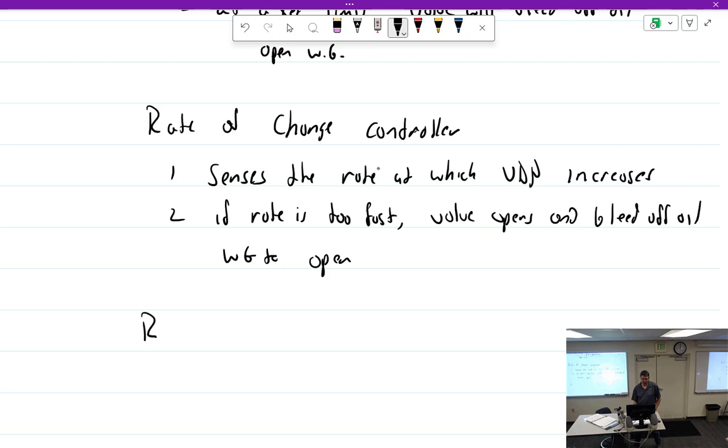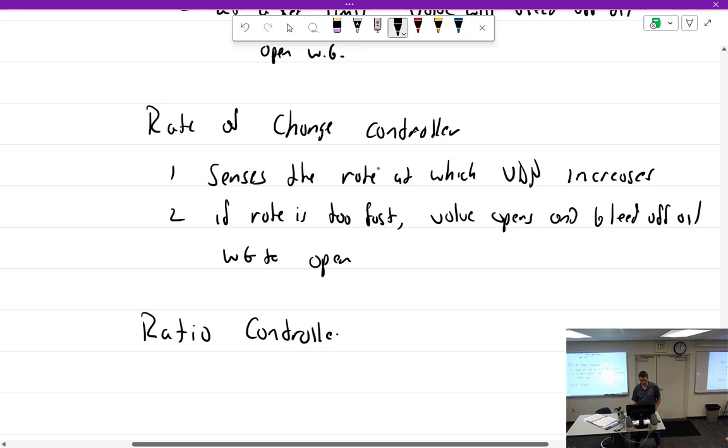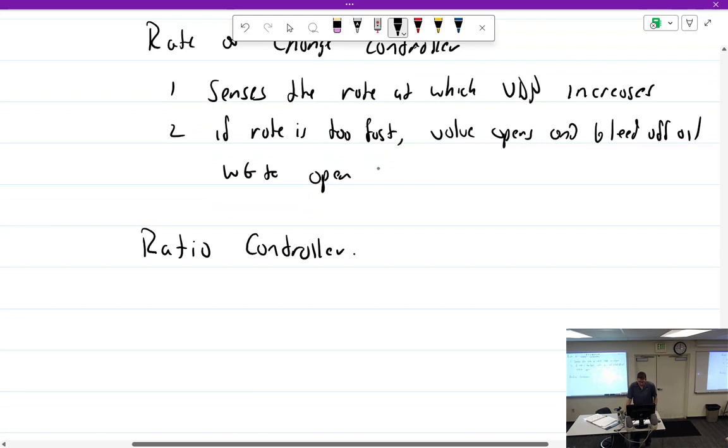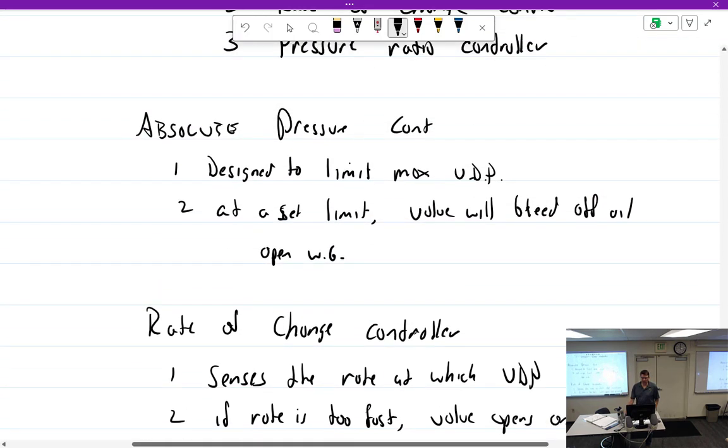And then we have the ratio controller. So at higher altitudes, the turbo must work hard to keep manifold pressure set for max horsepower. So remember, we got this absolute pressure that is always asking for more turbo.